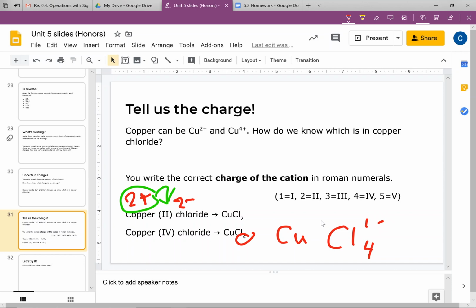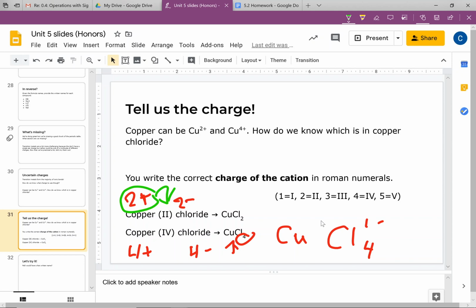I got this. So if we have 4 of them total, how many negative charges do we have in the compound? 4 times the -1 gives us 4 negative charges. Now, we have only 1 copper, right? So those 4 negative charges are balanced by what? 4 positive charges.